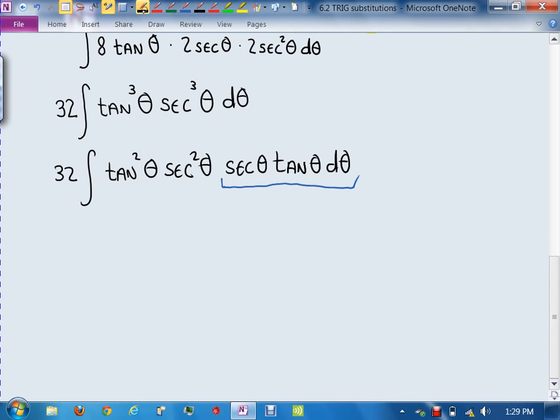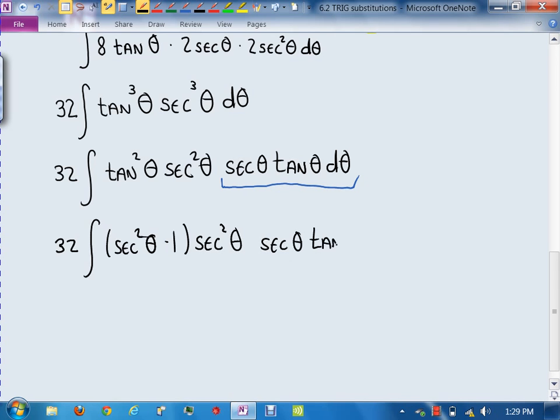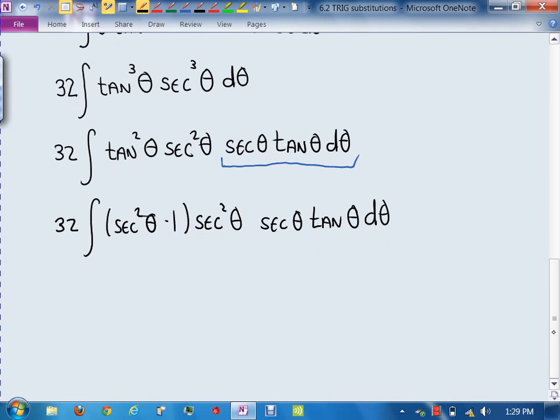All right, so 32 integral secant squared theta minus 1, secant squared theta, and then secant theta tangent theta d theta. So I'm not touching the secant theta tangent theta at the end. Distribute through.